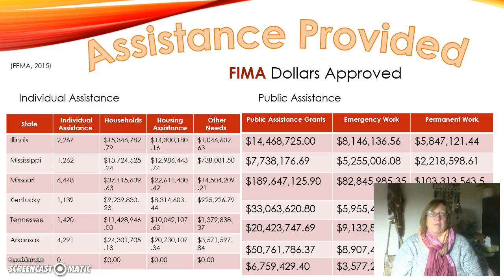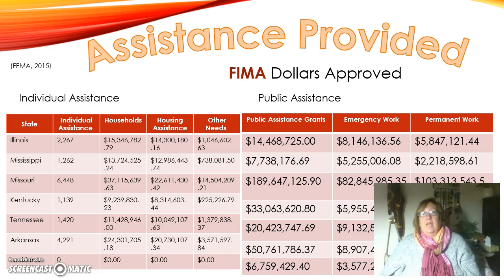So I just put the FEMA in here. As you can see, this has got individual assistance for Illinois, Mississippi, Missouri, Kentucky, Tennessee, Arkansas, and the low one is Louisiana. And then you've also got the public assistance. This is all FEMA dollars that were approved and sent out. And I got this off the FEMA site.